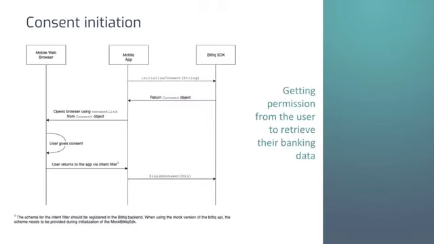Now we're into a small side note. The SDK itself, certainly the mock version, doesn't require this because we've already baked consents in. But the critical part of using the SDK live in production is to get the permission of your user to retrieve their banking data. That requires a consent initiation process and a handover to the mobile banking app.